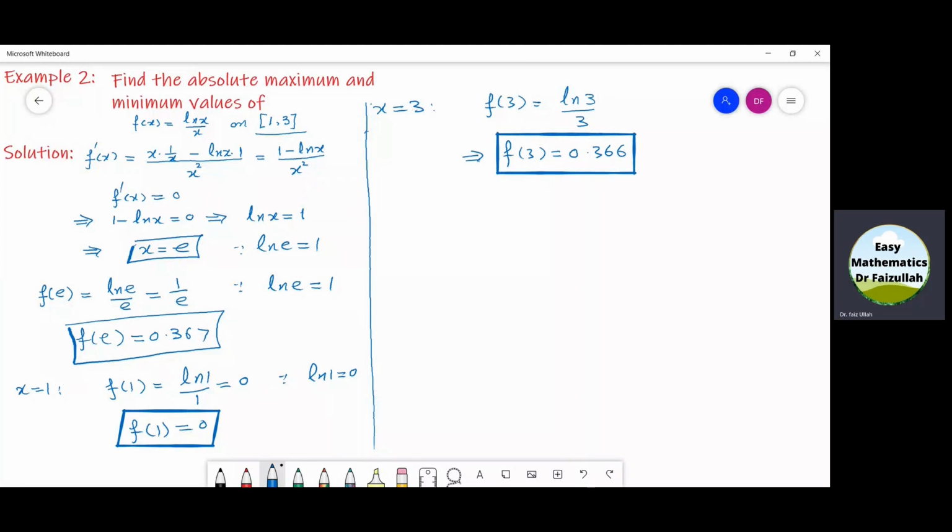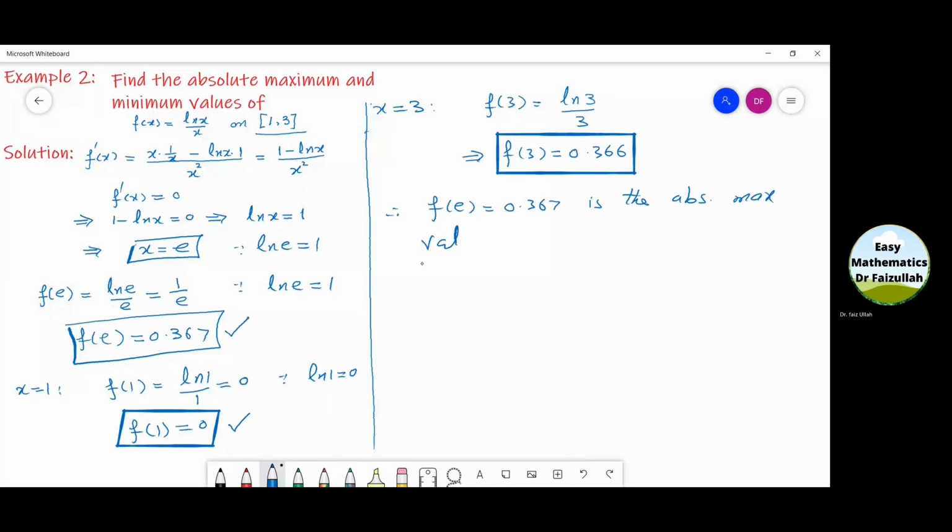Now we can see from these three values that f of e is the maximum value and f of 1 is the minimum value in these three. Therefore, we will write f of e is equal to 0.367 is the absolute maximum value at the point x is equal to e.